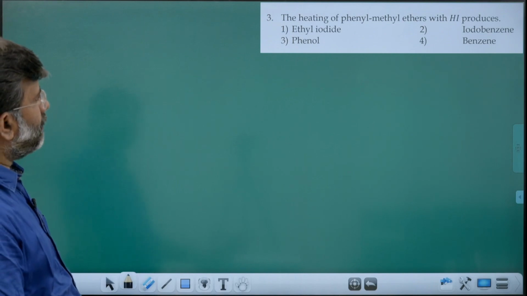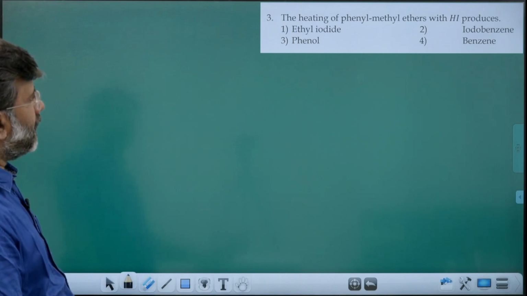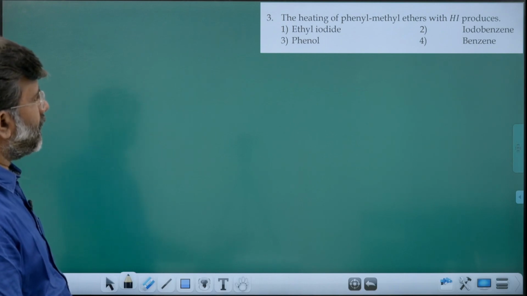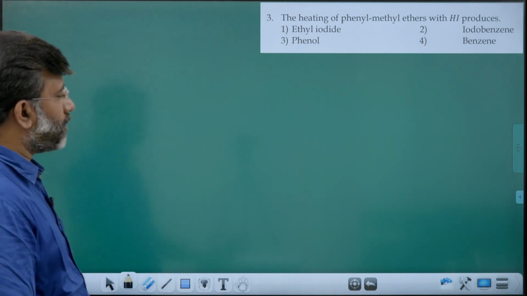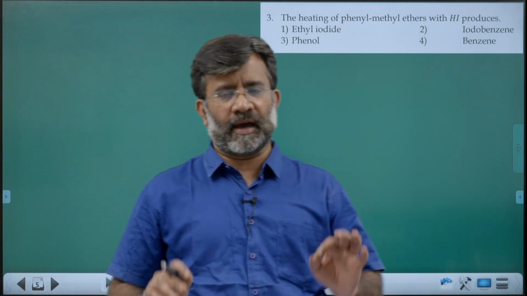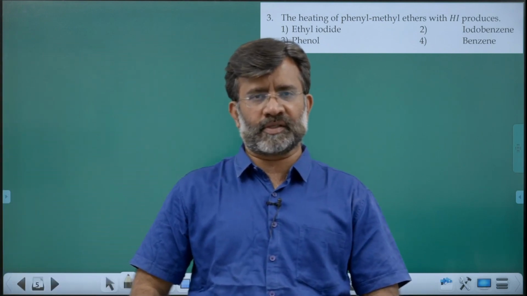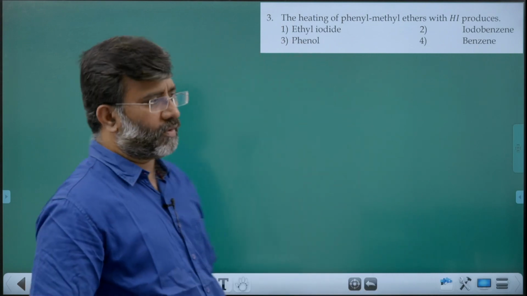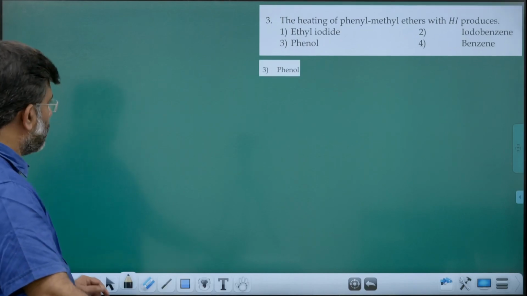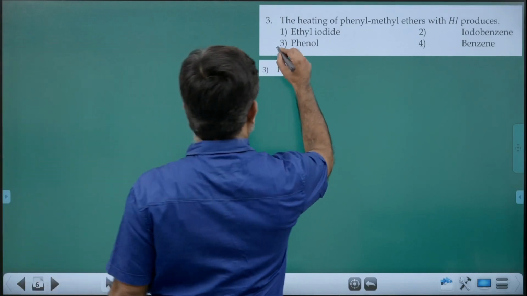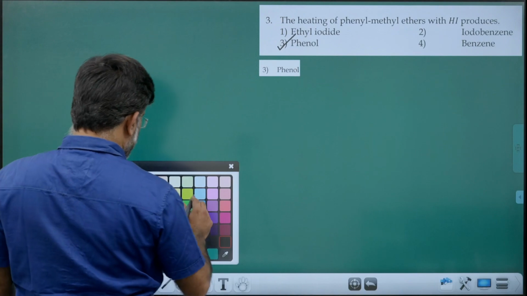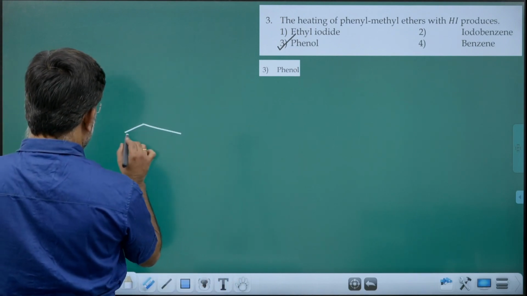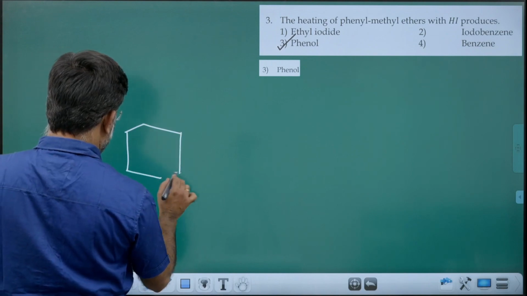Heating of phenyl methyl ether with HI produces what? Always see, when you heat an aromatic ether with HI, phenol is always one product. Why? You see, methyl phenyl ether means anisole. All of you know this is anisole.